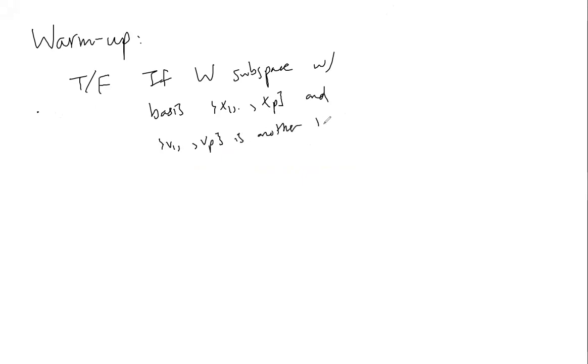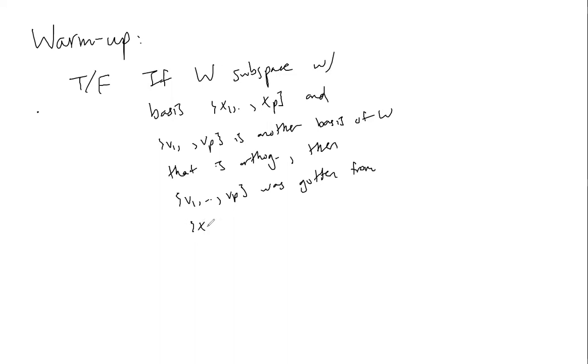If W is a subspace with basis x1 through xp, and v1 through vp is another basis of W that is also orthogonal, then v1 through vp was gotten from x1 through xp by Gram-Schmidt. So everyone think about this for about 30 seconds.